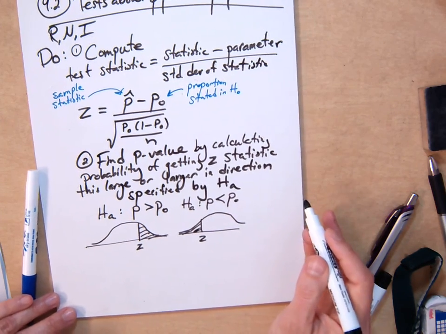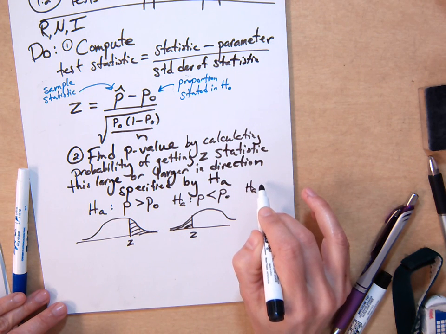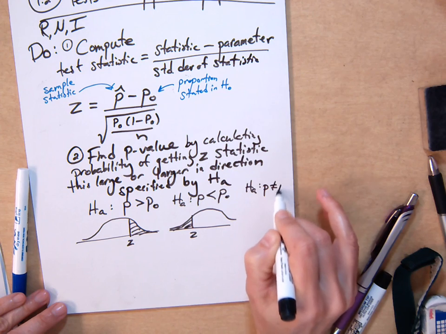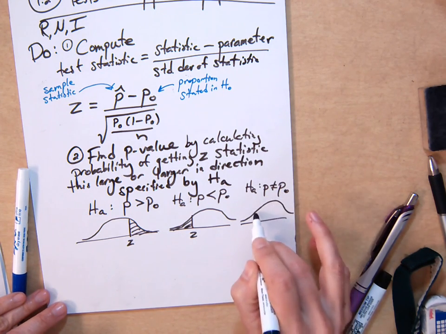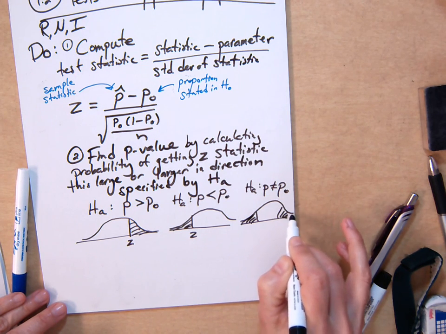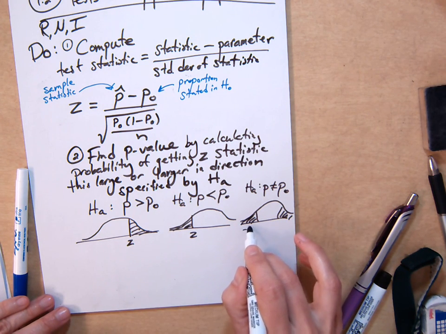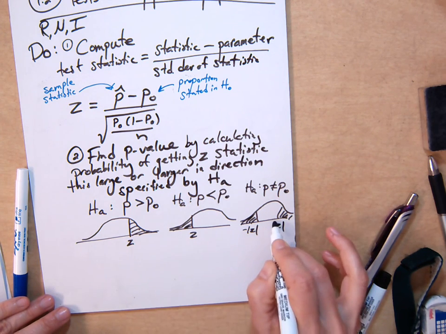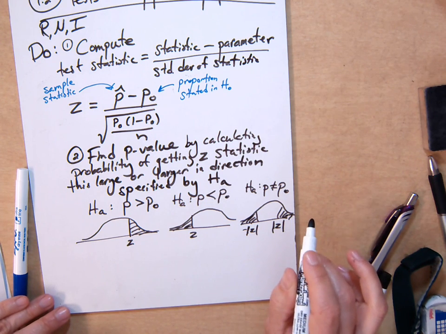And if it's a two-sided test, so H sub A is P not equal to P naught, then you're looking for this, which is why you double it. You're looking for that or that. So this is absolute value of Z, negative Z, and you're looking for that.